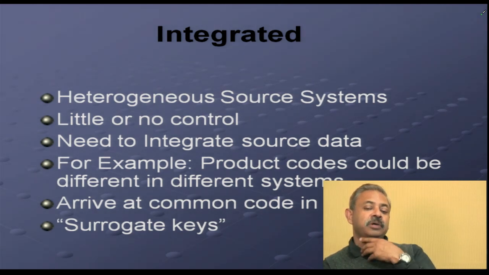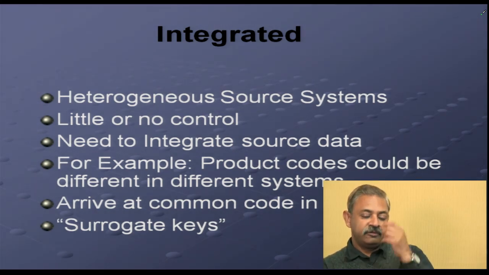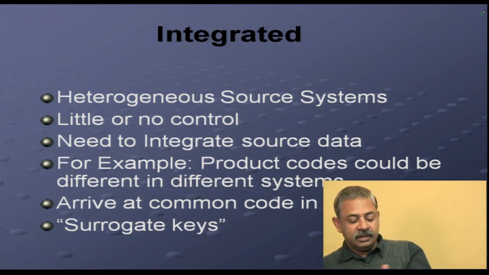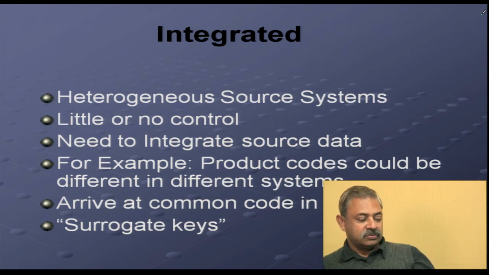Take a product like iPhone 5S 16 GB. In one of the systems, its code, which we typically call the SKU, is different, and in another system it is different. So I would need to reconcile these two things and arrive at a common product code in the data warehouse. So that's what we do.